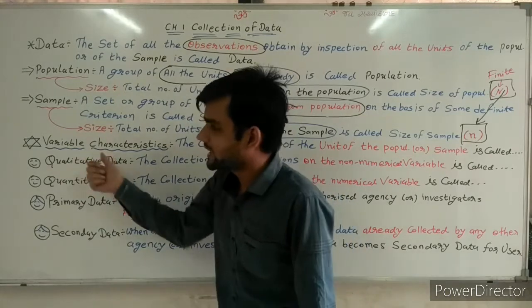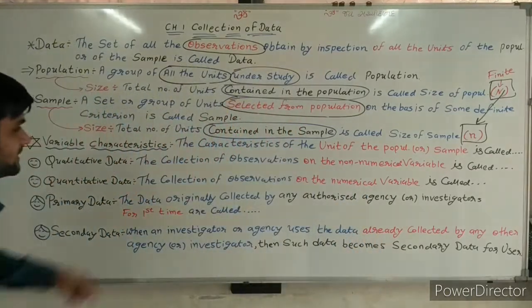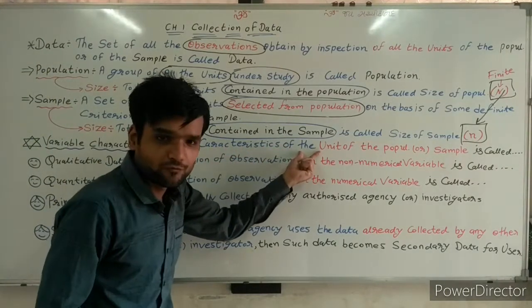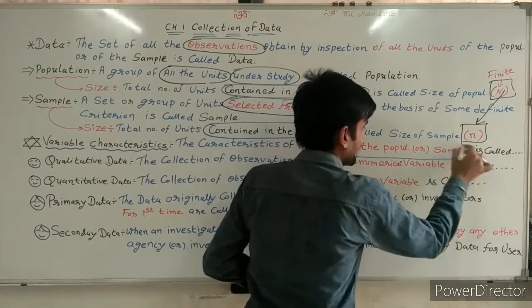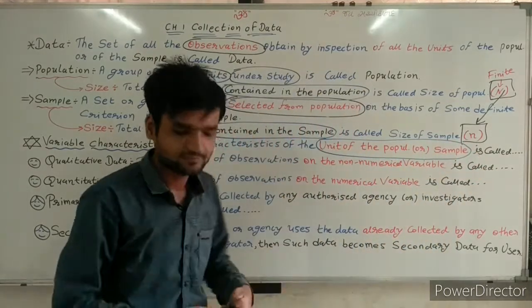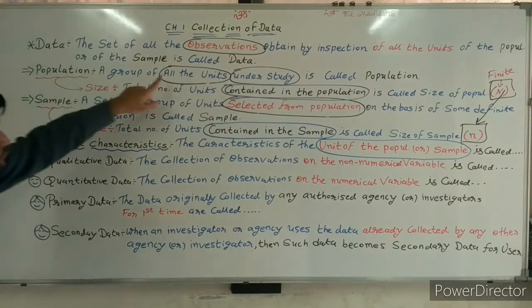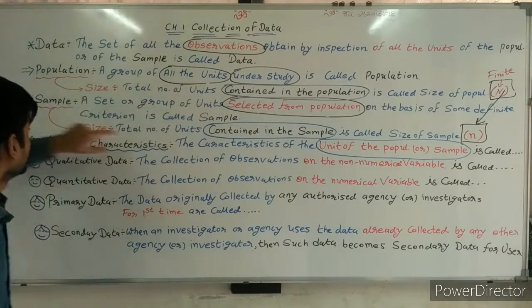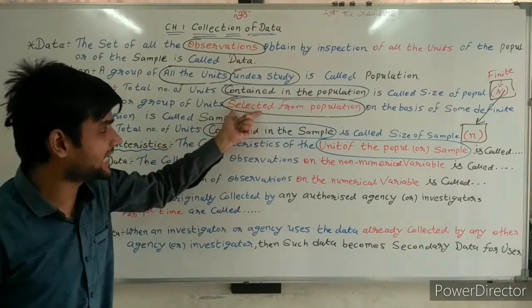So variable characteristics means what? Now see here, the characteristics of the unit of population or sample. Here in population, all the units are considered. Here in sample, the selected units are considered.